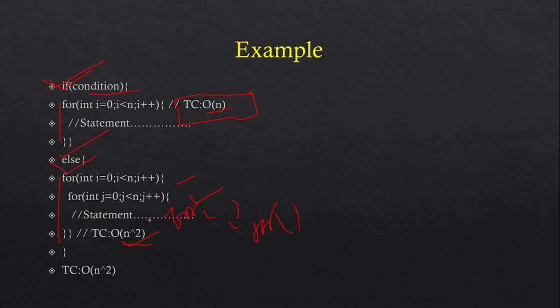Your maximum time complexity is order of n to the power 2, because I have already told you big O denotes the worst case time complexity. So you have to calculate the worst case time complexity. In this code your worst case time complexity is order of n square, right? That's why your time complexity is order of n square. I think it's clear.